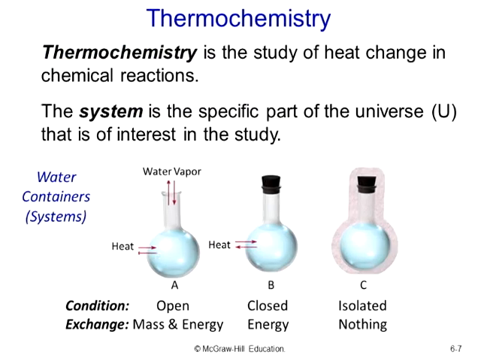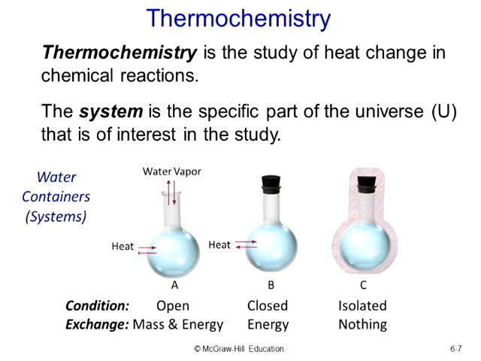Thermochemistry allows us to study the heat change in chemical reactions involving systems and universe. We note that the energy of the system and the energy of the universe must stay balanced.